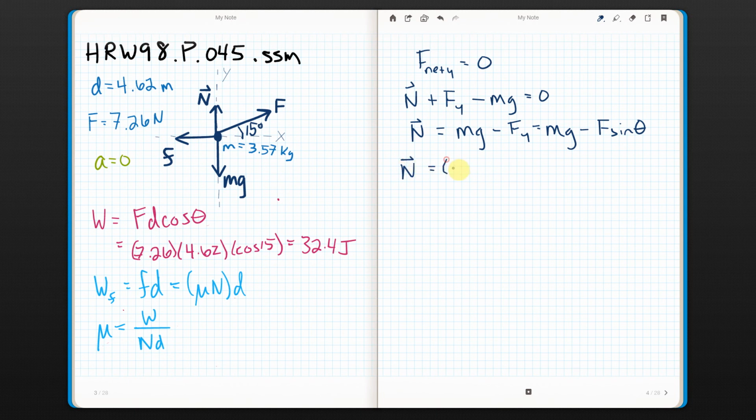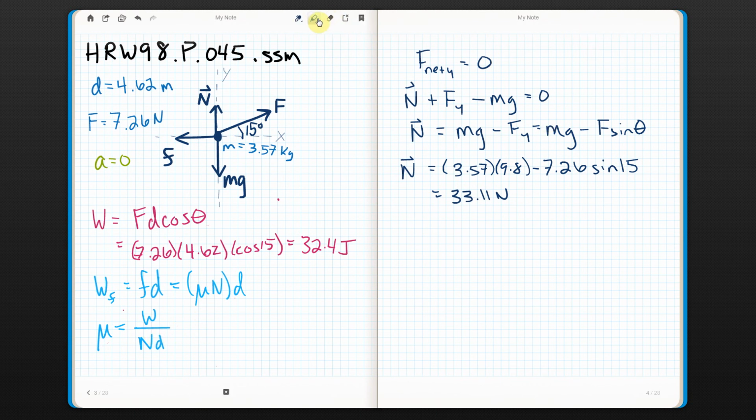So mass times gravity minus force times the sine of 15, and I get 33.11 newtons. I plug that in over here to go back. Oh, here we go. No, come on.